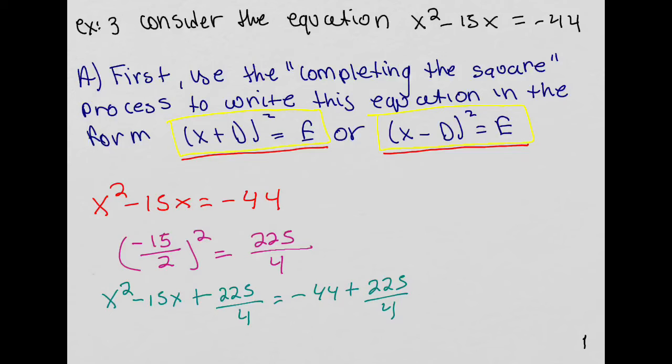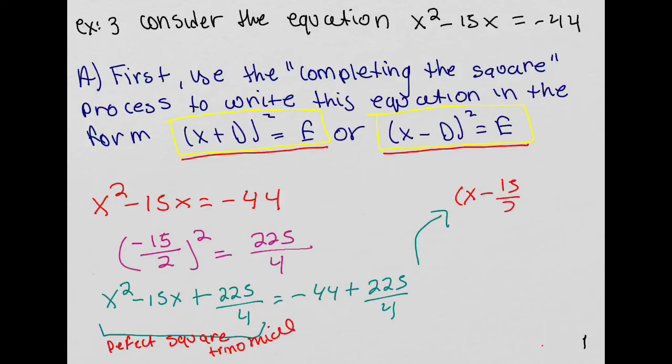Okay, so as we clearly know, the left side here is a perfect square trinomial. So the answer to this is going to be x minus the square root of that, which is 15 over 2, squared, equals. Now we have to simplify this part here.